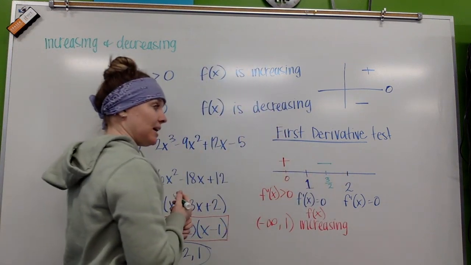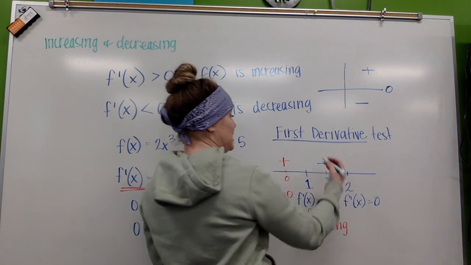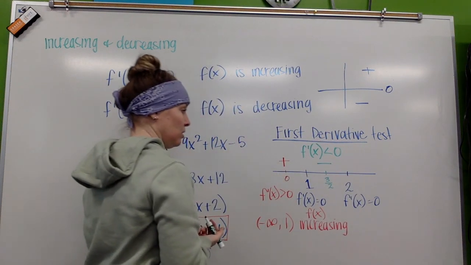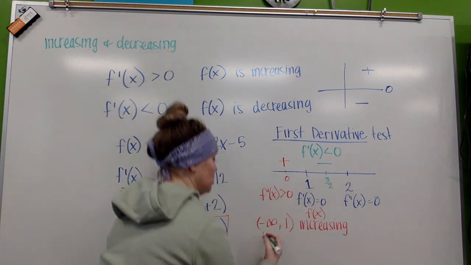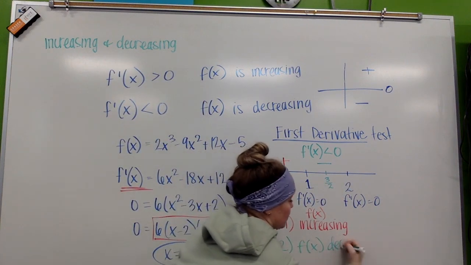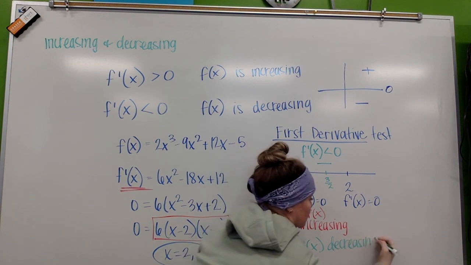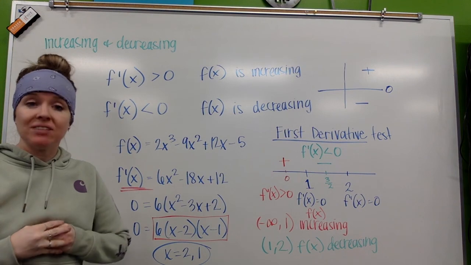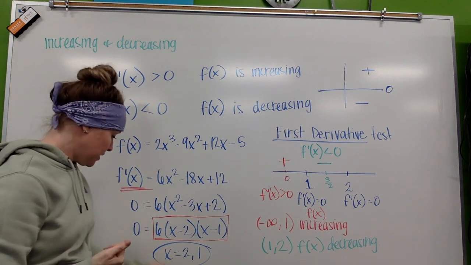So this is negative. So at this point, I can tell that my derivative is less than 0, which means from 1 to 2, my f of x is decreasing. Okay? All we're looking at is that positive and negative value of my derivative.